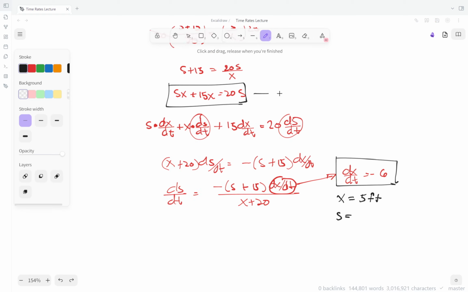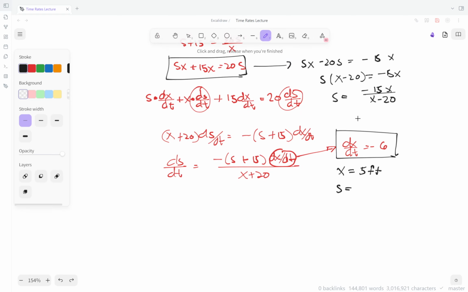I'm going to group together all of the s terms. We get sx minus 20s equals negative 15x. Then s times x minus 20 equals negative 15x. Dividing both sides by x minus 20, you get negative 15x over x minus 20.